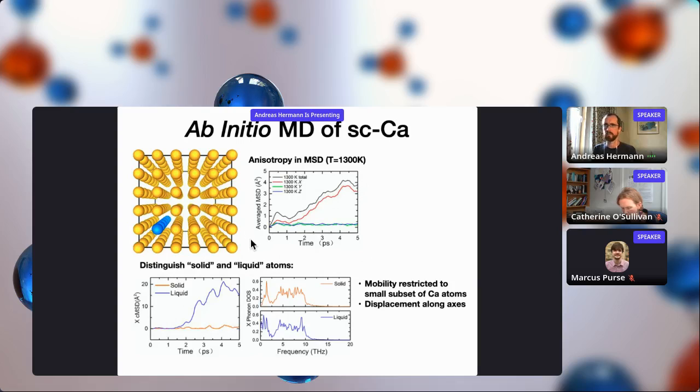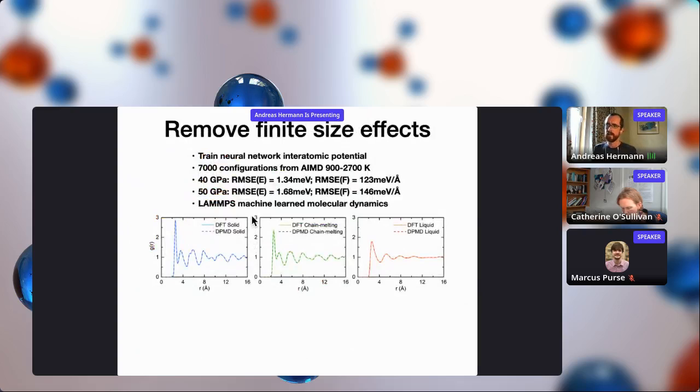So to probe that and possibly get rid of it, we trained a deep neural network interatomic potential on around 7,000 configurations taken from the ab initio molecular dynamics that capture the solid into the liquid regime at two different pressures. Here is the training success, if you will, in terms of how the potential can describe the energetics and the forces on the atoms in these configurations.